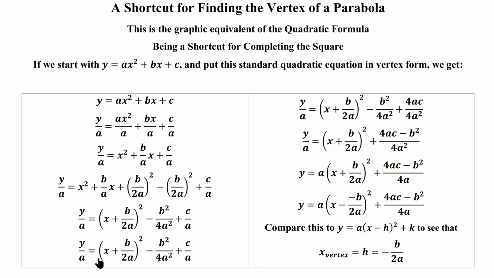So continuing with the simplifying, we get y over a equals, and here what we did was we wanted a common denominator of 4a squared. So I went ahead and multiplied this by 4a, because whatever we multiply the denominator by, we multiply the numerator by as well.